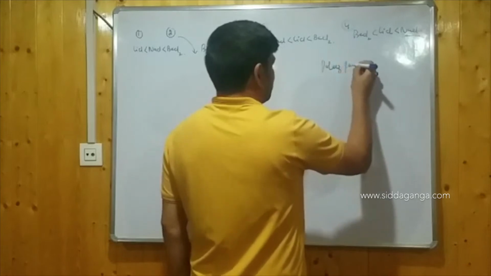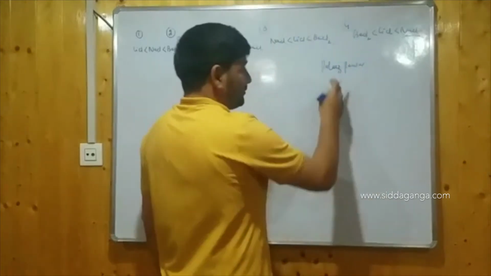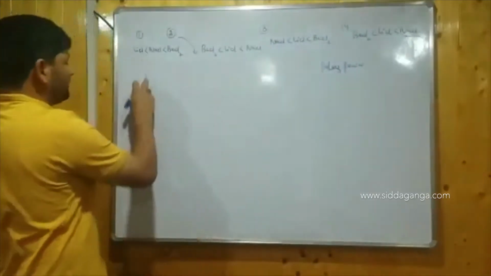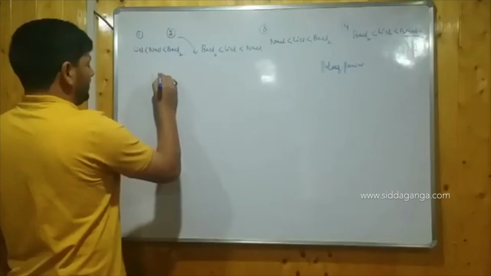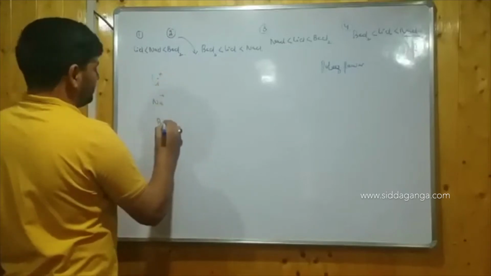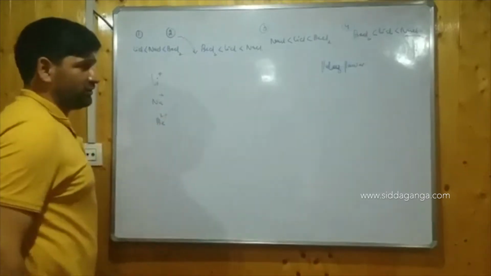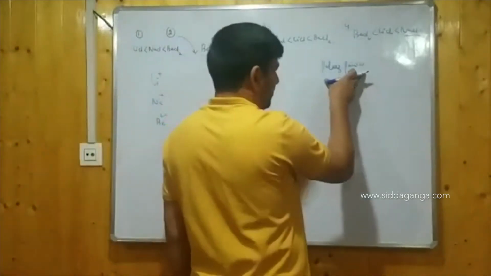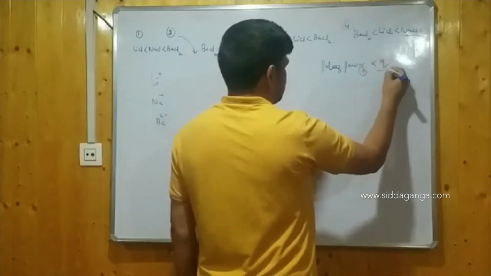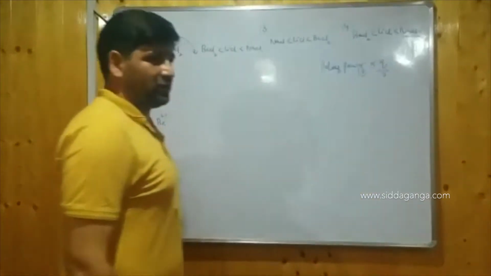Polarizing power. What is polarizing here? Cation. So what are the 3 cations you have? You got Li plus, you got Na plus, and you got Be2 plus. Correct or not? What we have learned so far, polarizing power of a cation is directly proportional to charge, inversely proportional to size. Correct or not?